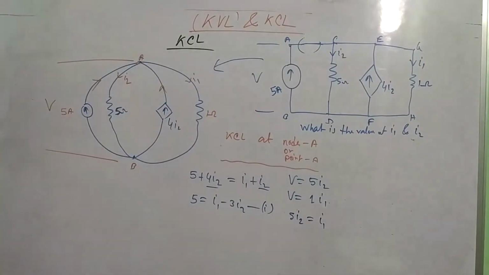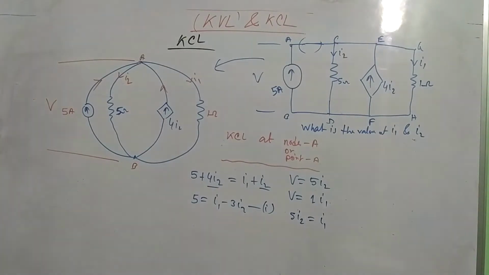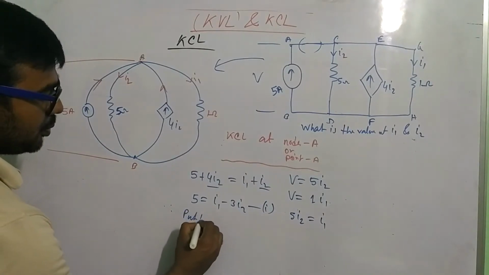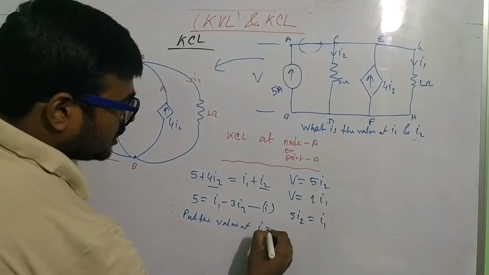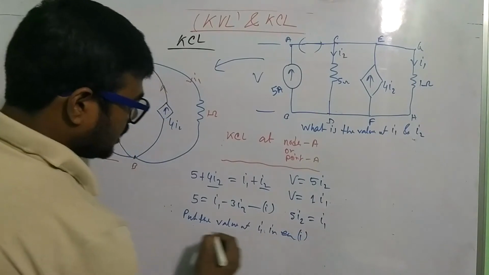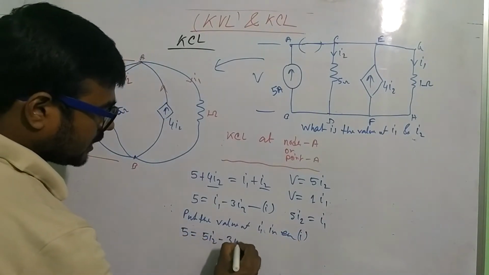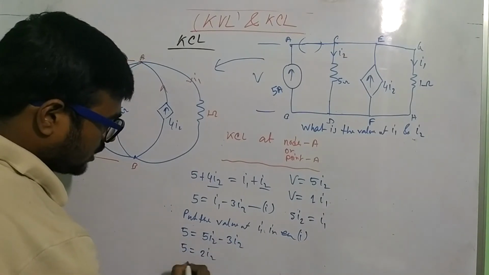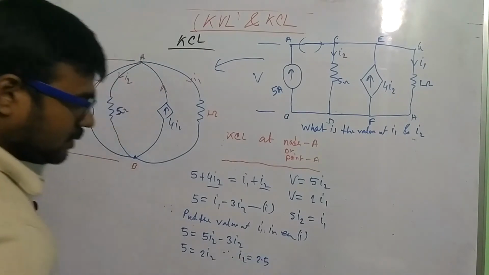If I put the value of I1 in equation 1, then 5 equals 5I2 minus 3I2, 5 equals 2I2, that means I2 equals 2.5.